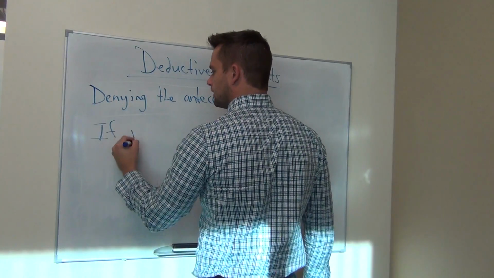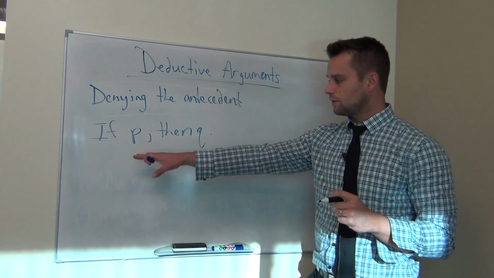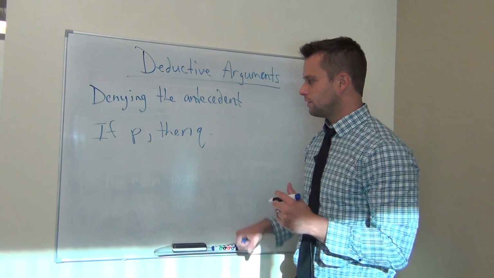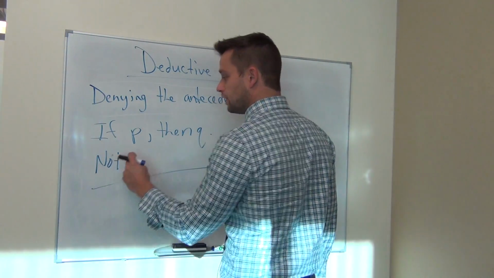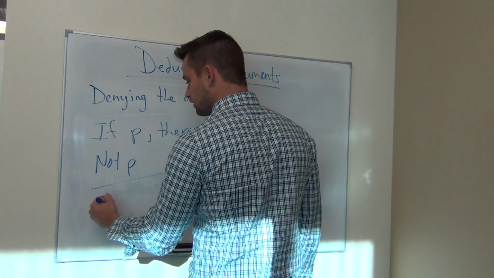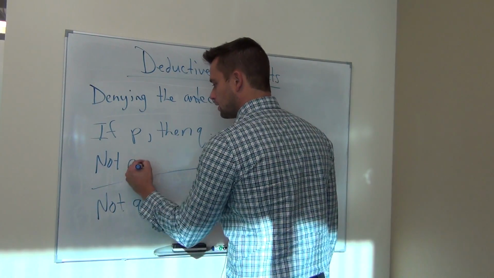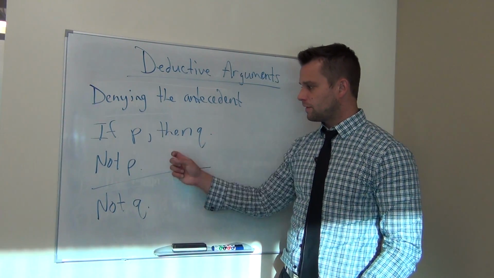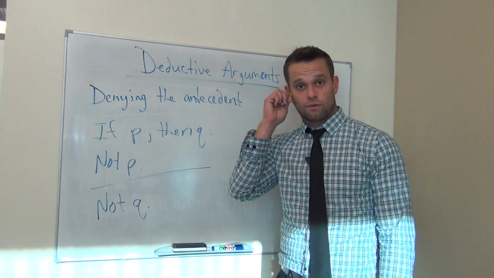When you deny the antecedent, if P then Q, remember modus tollens is always the negation of Q. If P then Q, in this invalid form, you negate the first part, and then your conclusion that you draw from that is the negation of the second part of the conditional statement. So whenever you see this form, if P then Q, not P, therefore not Q, this is an invalid form.